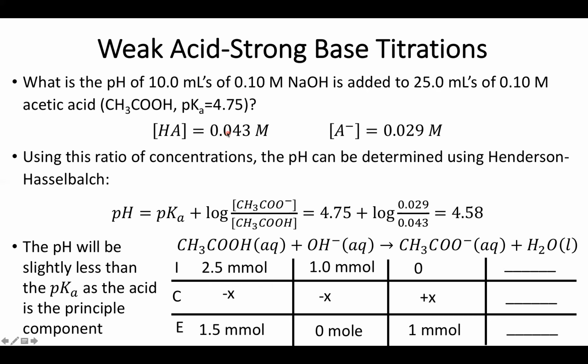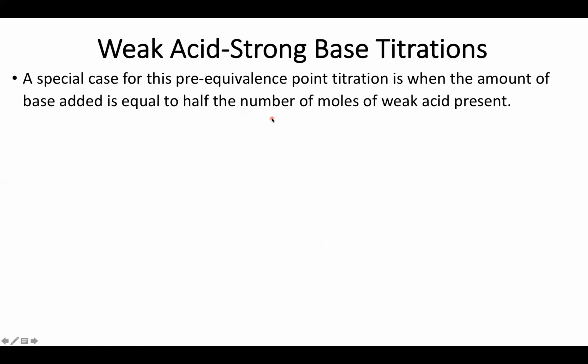So this whole region of adding less than 1 full equivalent of base is essentially going to generate a buffer. There's a very notable point in this buffer calculation where we've added half the amount of moles of our strong base as we have weak acid. This is referred to as the halfway point because I've added half the number of moles.